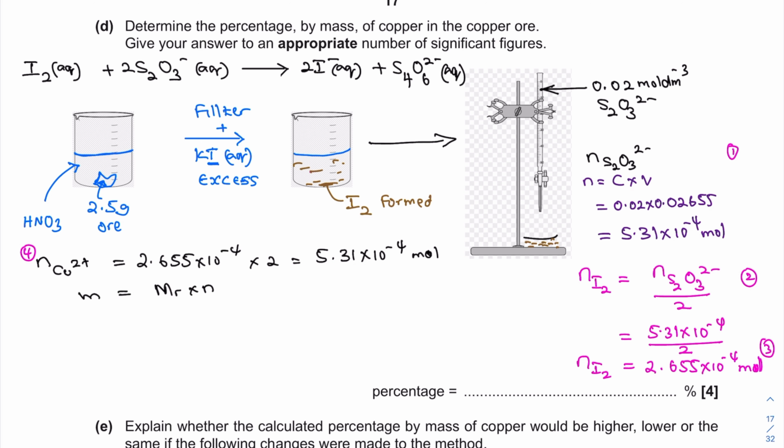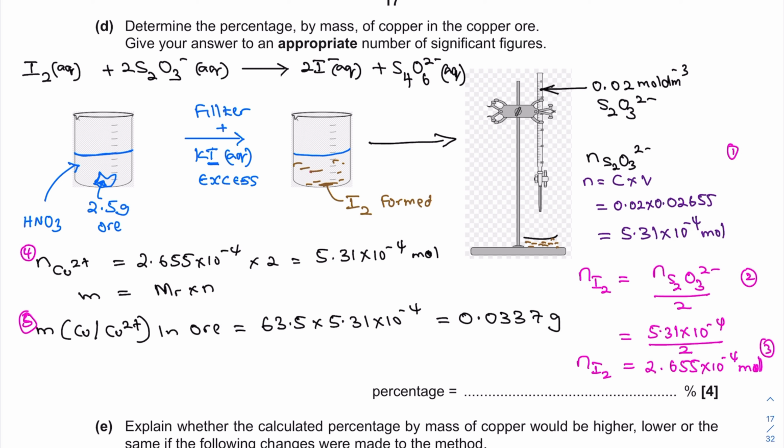If we know the moles of copper 2+, using mass equals molar mass times mole, it's giving us the weighed mass, equals relative molar mass times mole. So we know the mass of copper 2+ in the ore will be the relative molar mass of copper times the mole, and that gives us the mass of 0.0337 grams.